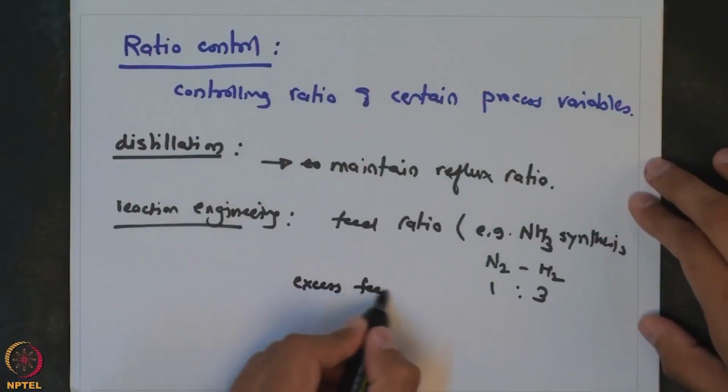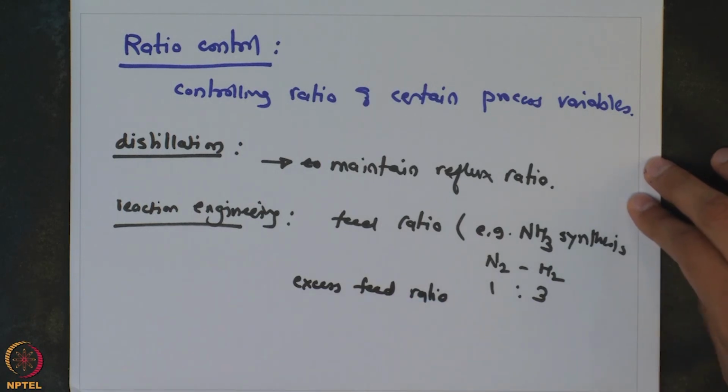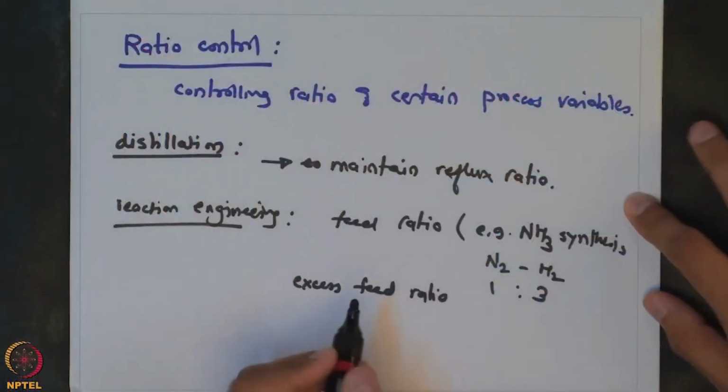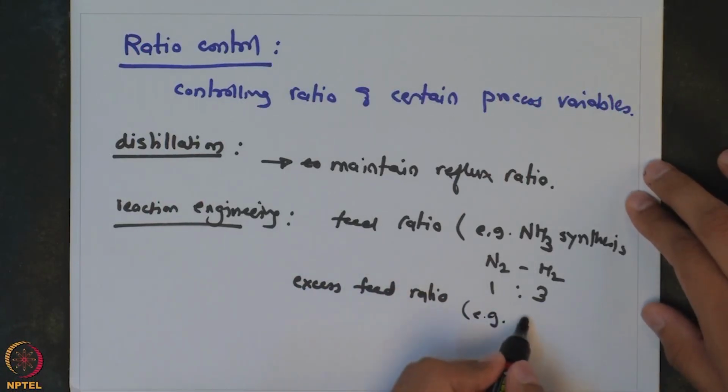Or it can be an excess feed ratio. A lot of times in combustion you want to make sure that complete combustion of the fuel occurs, so you would be supplying air in excess, and how much excess air should be used, that ratio can also be one of the key operating parameters in your system. So this is an example in combustion.